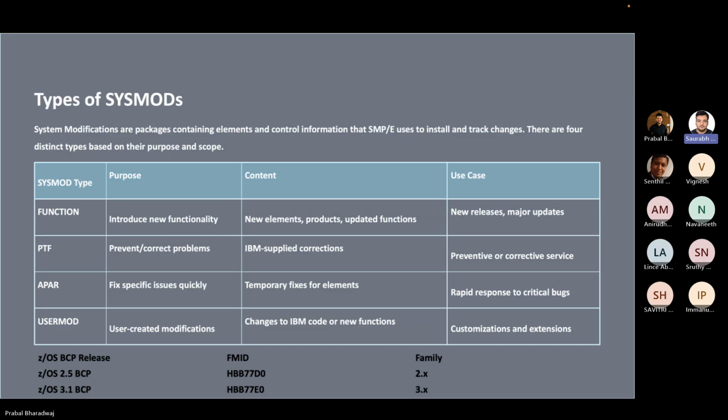No, SMP will not do that. SMP needs something it can read, validate, and track, and that something is called a sysmod. In layman terms, you can think of a sysmod as a language SMP understands. It tells SMP exactly what to install, where to install, and how it fits with everything else.